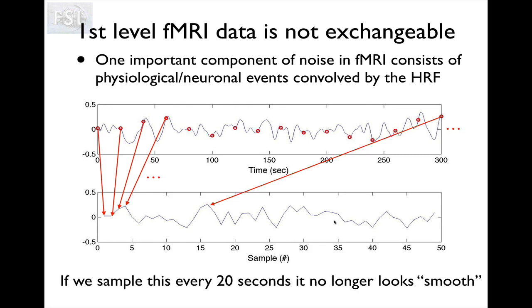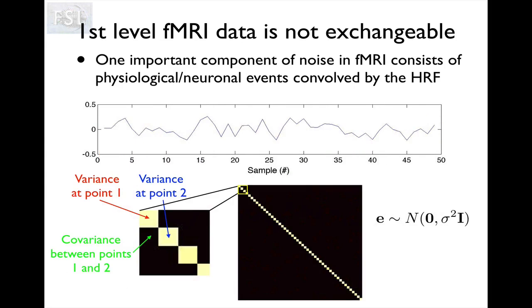If I look at the variance-covariance matrix of this data, we have the variance at the first point, and then the variance at the second point, which is simply the variance over all voxels. Then we can look at the covariance between point 1 and point 2, and we can see there is no correlation between those points, they are independent.